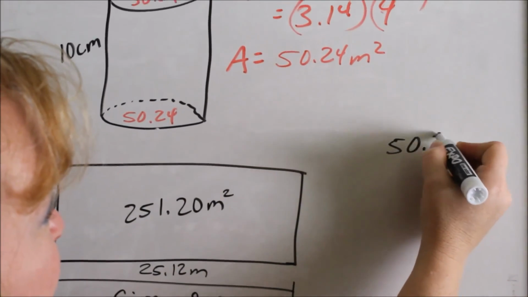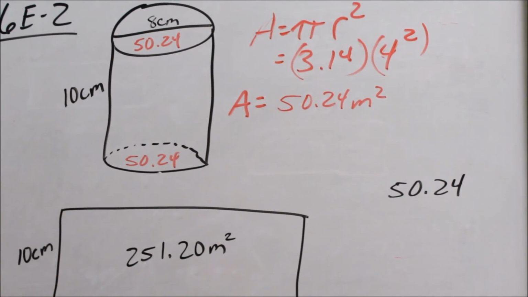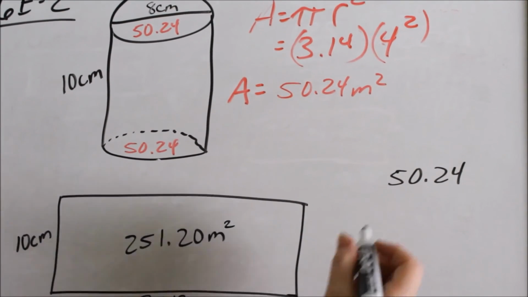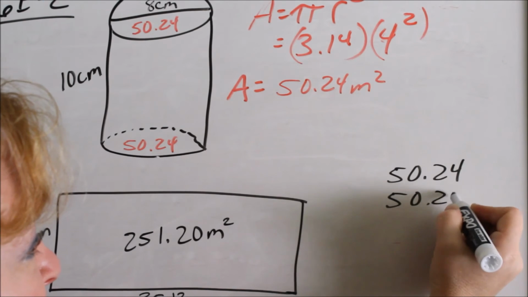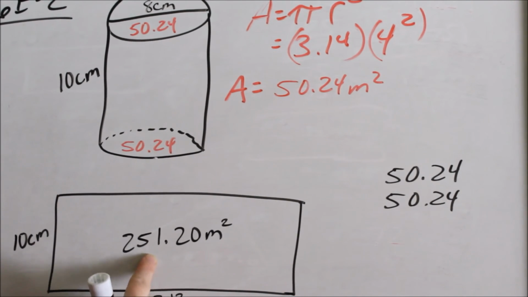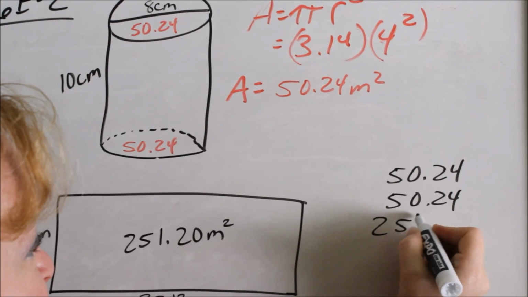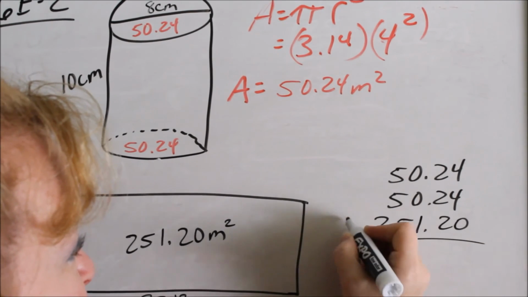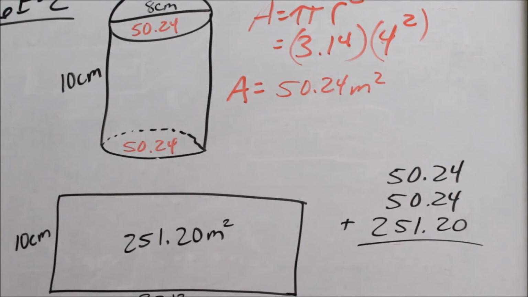So now I can take my two circles. I'm trying to find the surface area, the surface of each shape. So I have two circles. That's the area of my two circles. When I unfold the can, this is the area of my rectangle, 251.20. Add all of these together.